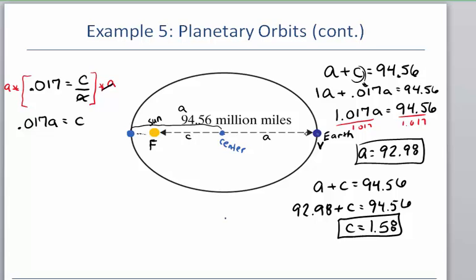From center to that vertex or center to that vertex is going to be A. So if I take A and I subtract off the C, it's going to leave me with this little piece between the blue dot and the yellow dot. So I'm going to take the A and subtract off the C. That's going to be 92.98 minus 1.58. And so that closest distance that we are trying to find is going to be 91.4 million miles.